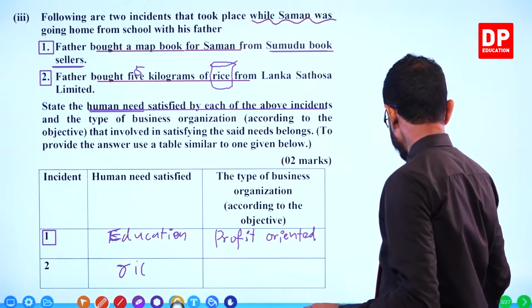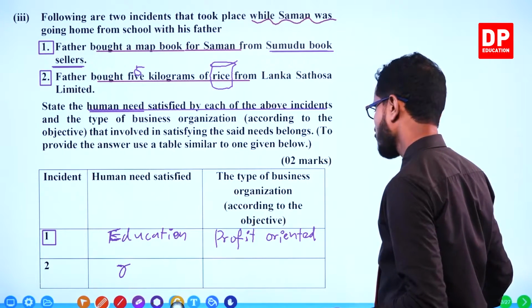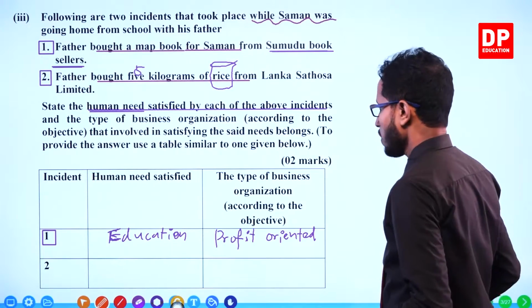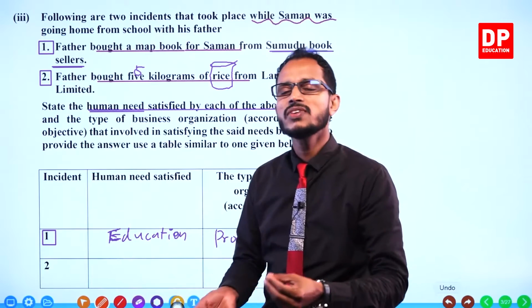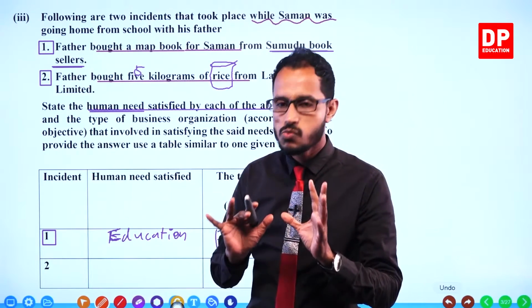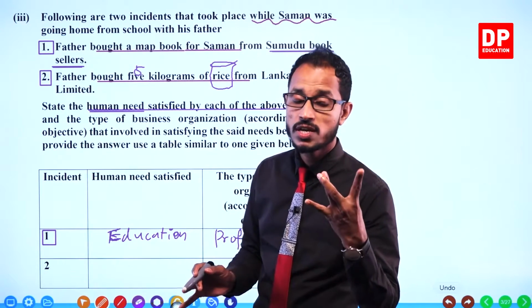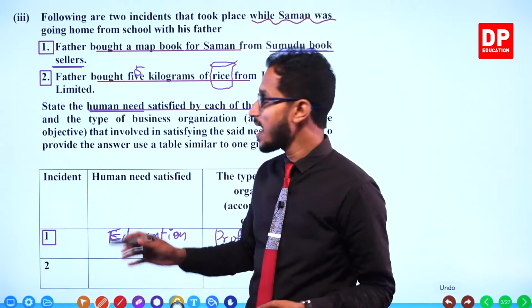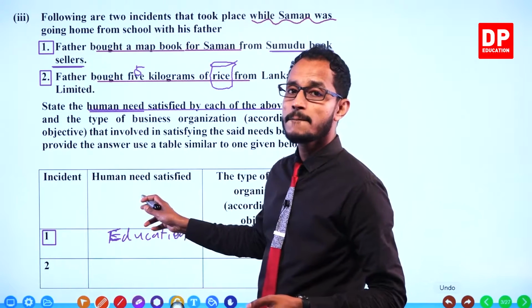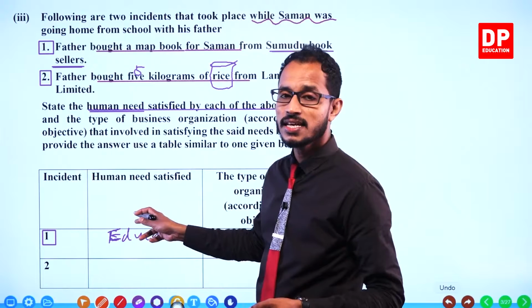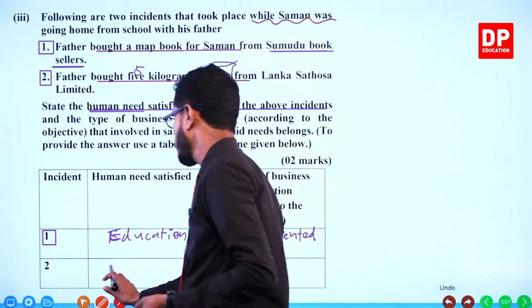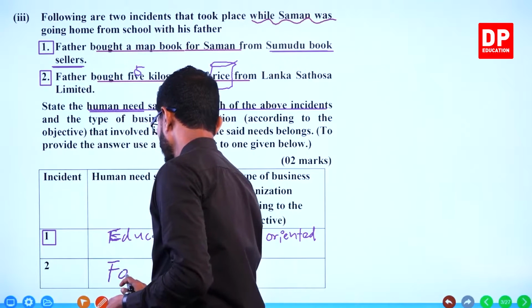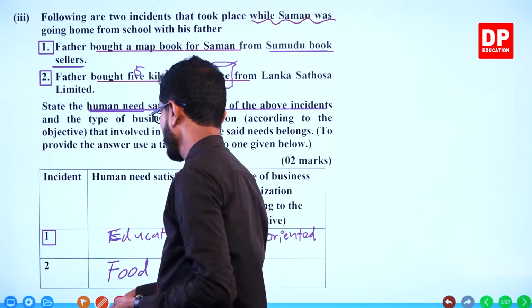No, rice is a want, because we Sri Lankans like to eat rice. That is our want. The human need, they're asking, you have to write food. Food is the human need.